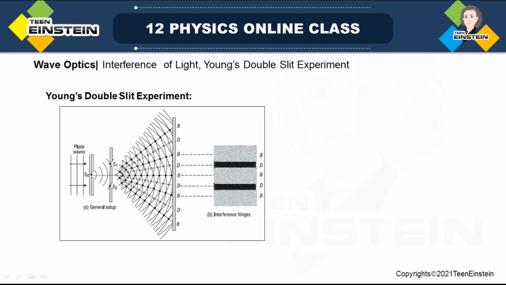Those wavelets will spread out from S1 and S2. Then while they are spreading out, look here, they will interfere with each other. One from S2, another from S1 slit.